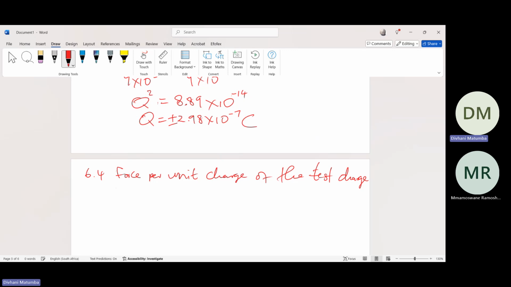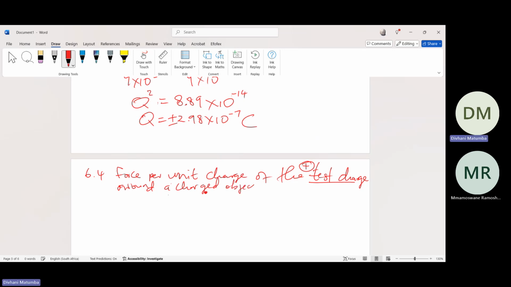That is why the day when we were drawing the field lines, I said, where will your positive test charge go if you place it next to a charged object? So the unit test charge is the positive test charge.